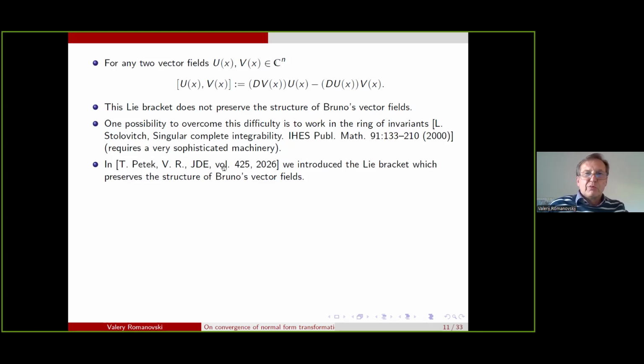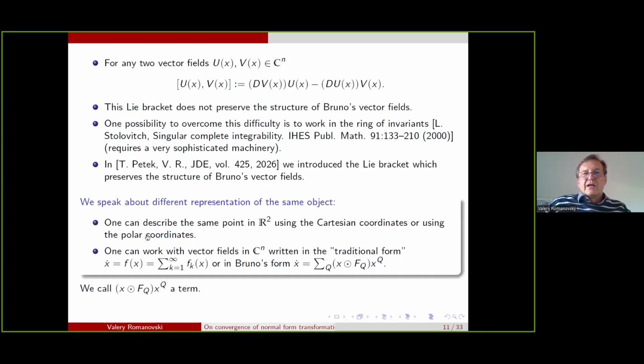So I think nobody really understands his proof. But in this paper, we introduced a Lie bracket which preserves the structure of Bruno's vector fields. And due to this fact, we can work in a simple way with Bruno's vector fields.